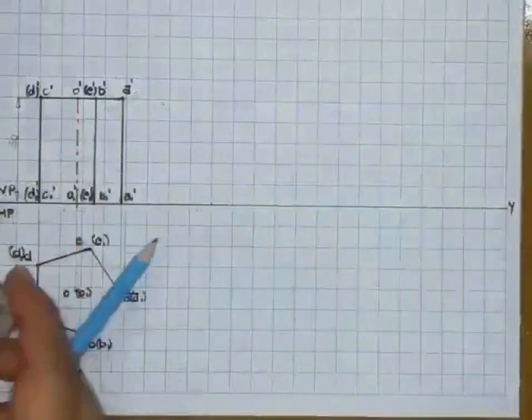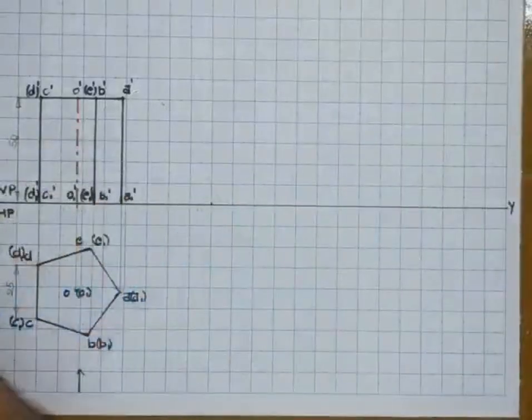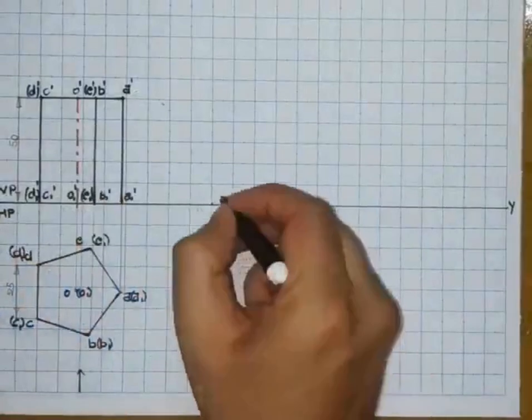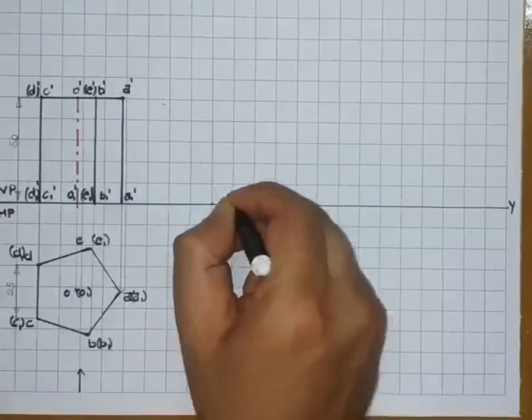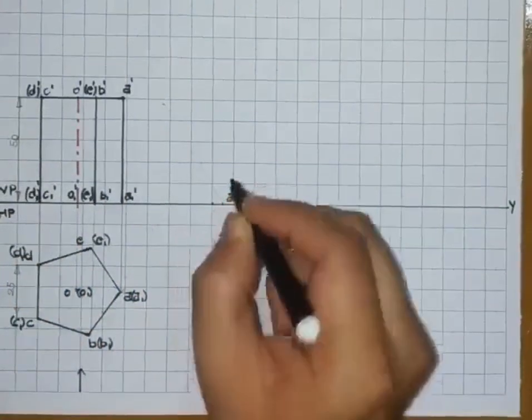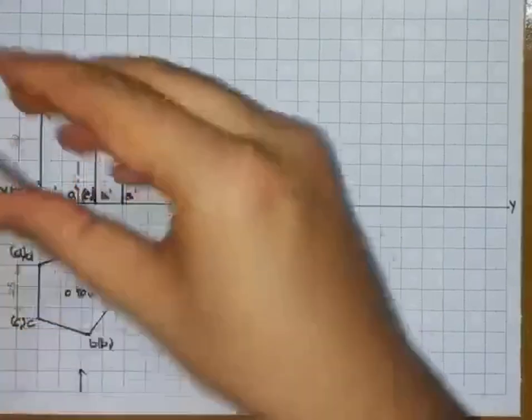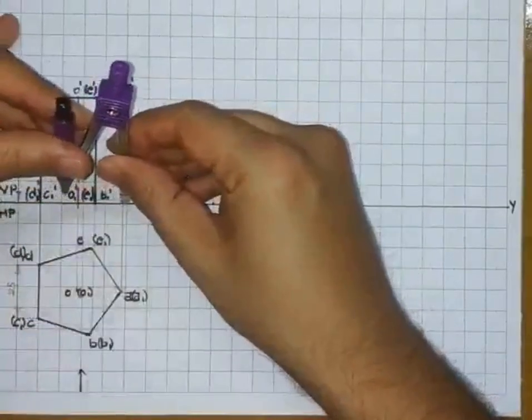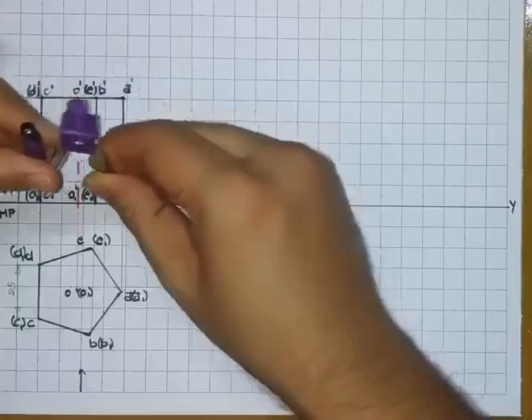On the 60 degree line, let me mark all the base points. This is A1 dash, and let me mark the remaining points of the base.